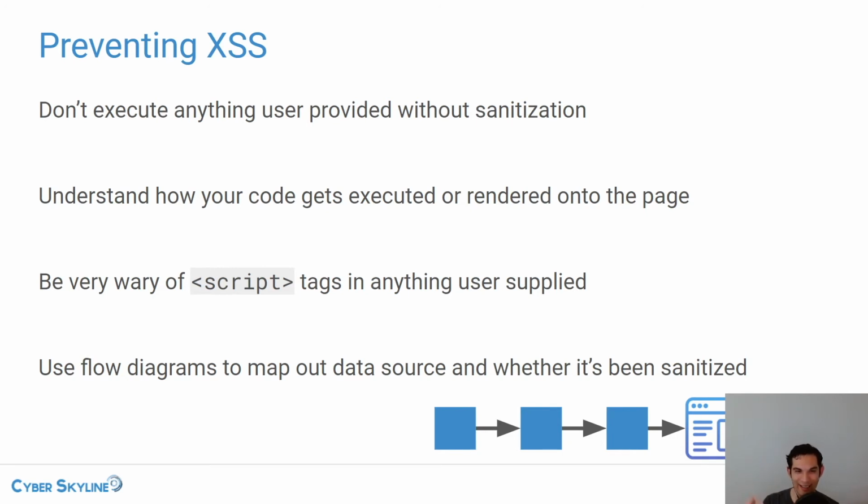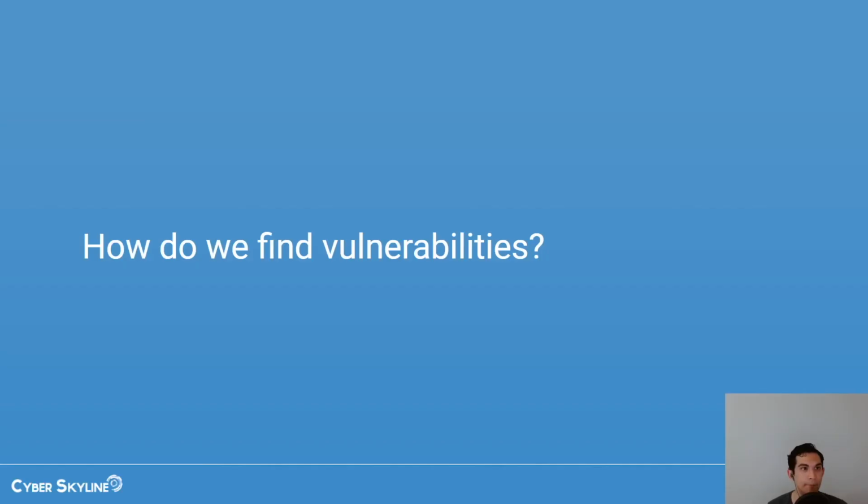And so when someone clicks on that link, the code is not in the URL, but it's being sent back by the server because that code is actually sitting in the database with information that the user supplied. This is really, really dangerous because you might not realize that this is user supplied information because it's coming out of the database. So make sure that you use flow diagrams and map out, where's the data coming from? Can we trust it or not?